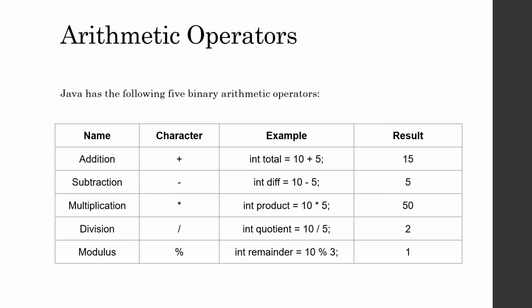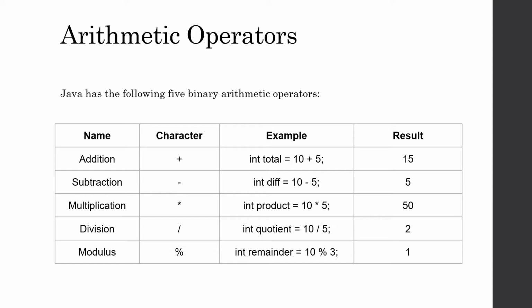So we're doing 10 mod 3, and what it's going to do is it's going to do 10 divided by 3, and then instead of looking at the quotient that you get at the end, it's instead only going to look at the remainder. So if you do 10 divided by 3, the quotient would be 3, but then you would also have a leftover 1 or a remainder of 1. So the result, if you see in that rightmost column, is going to be 1.